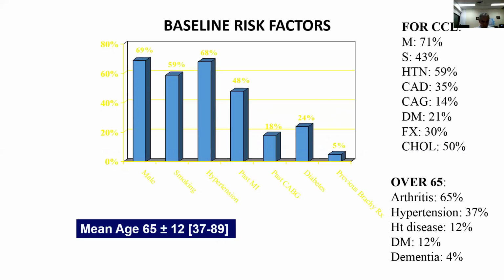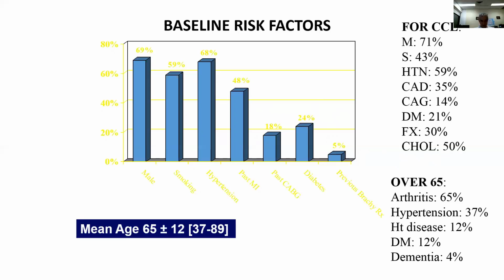Sorry, this group is post-infarction. So this represents roughly a different population, but we had patients with pre-existing coronary disease as opposed to patients with previous myocardial infarction. Post-bypass grafts, this population had 18, we had 14. Diabetes, our population had 21%, this population had 24%.